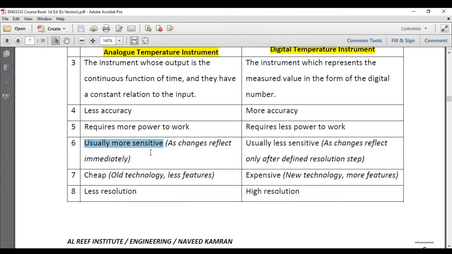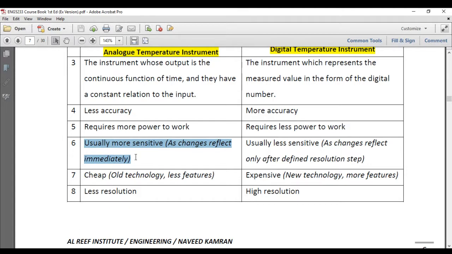Analog instruments are usually more sensitive as the changes are reflected immediately on them. Sensitivity means as soon as the input or the parameter under measurement changes slightly, immediately the meter reading is also changed. So in analog, how is the meter reading read? It is read by the movement of the needle on the scale.